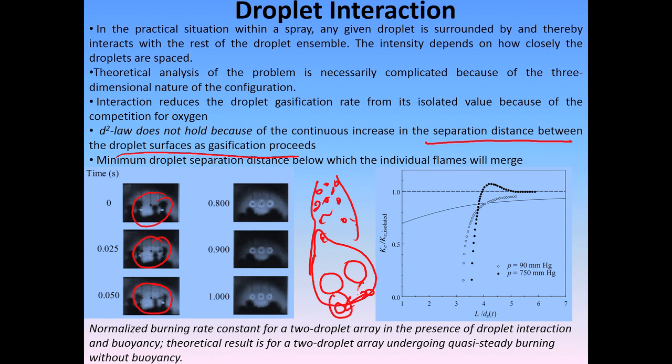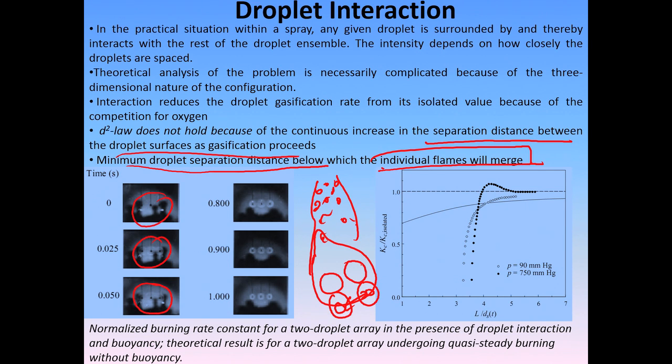So, you get individual flames on the two droplets, that is also possible. So, there exists a minimum droplet separation distance below which the individual flames will merge. That means, if the droplets are very close to each other, the flames will join, and you will not be able to distinguish one flame from the other. So, it is like interacting droplet flames, so to say.